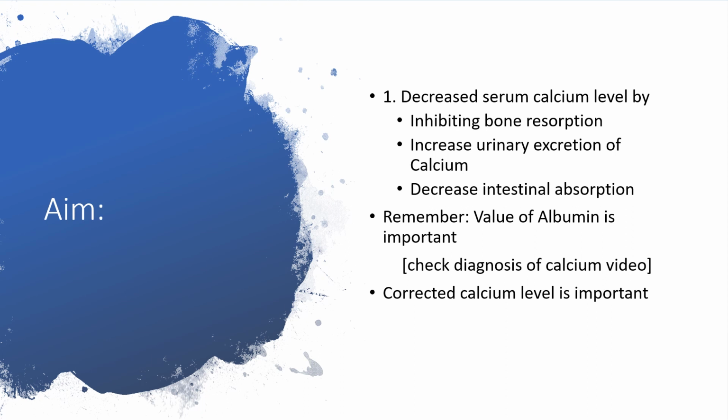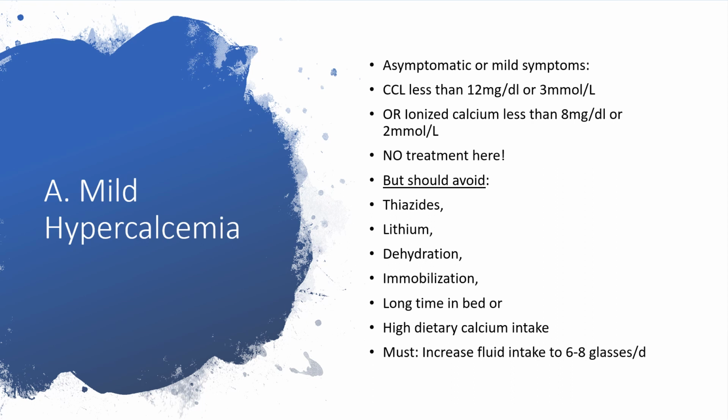So, let's go with corrected calcium level because that is what we are going to be dealing with, and that's very important. Okay, we have our corrected calcium level result, taking into account the serum calcium level and the albumin, and the level is mild.